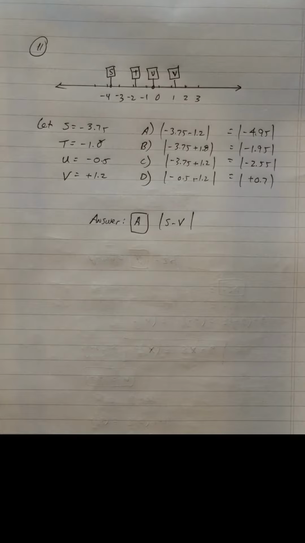Question 11. S, T, U, and V are on the number line and they're labeled, and I just let each one be an approximate value, which will work for this equation. Well, S equals negative 3.75, T equals about negative 1.8, U is at about negative 0.5, and V a little more than 1, or 1.2.